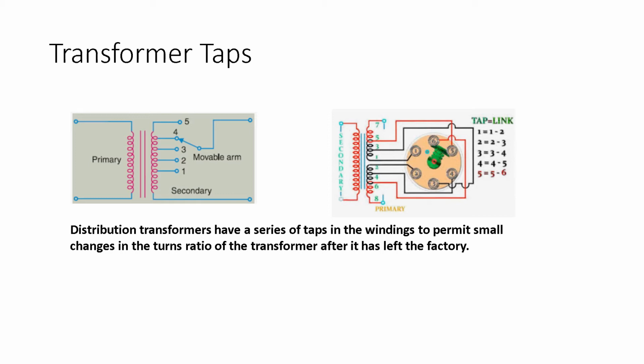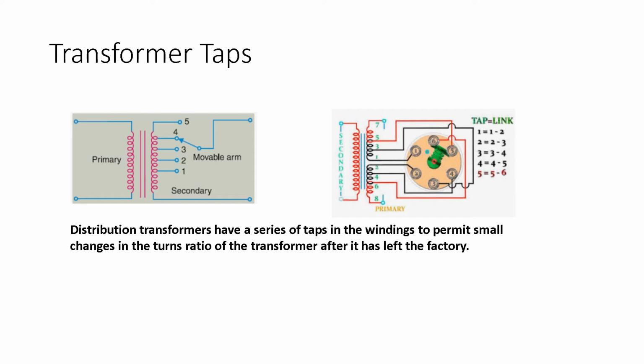It is changing 11 kVA to 220 volts. Now the far-flung house from the transformer will have less voltage due to voltage drop in the line. So let's assume that voltage is 180 volts and the house near the transformer is getting 220 volts.